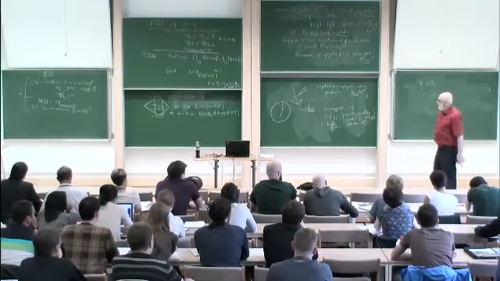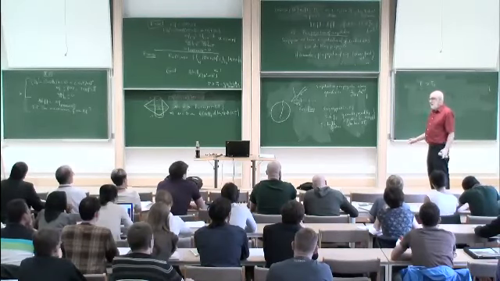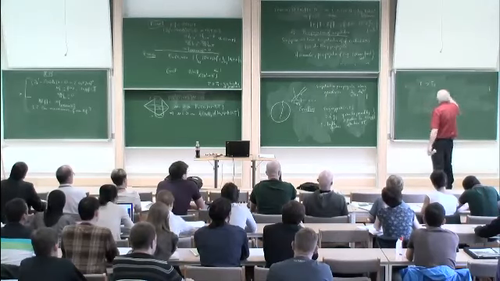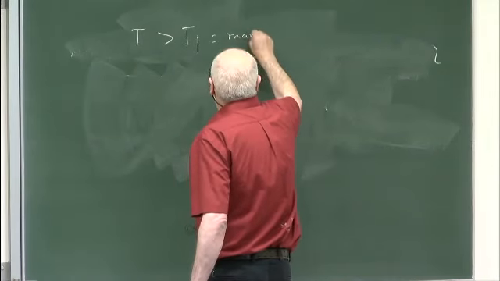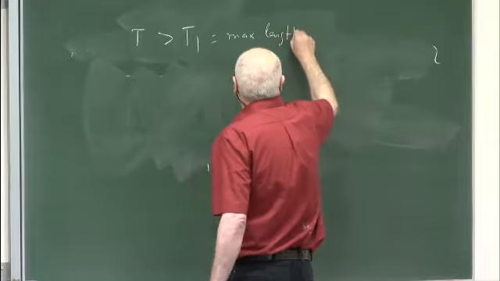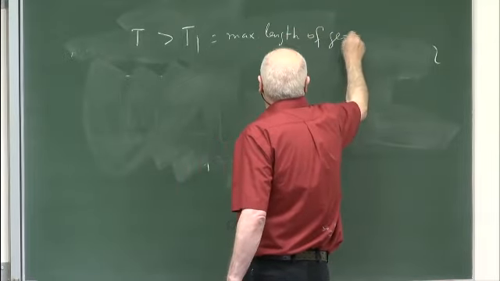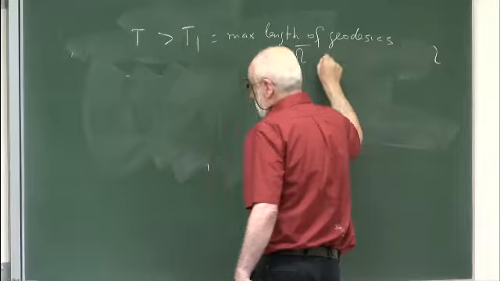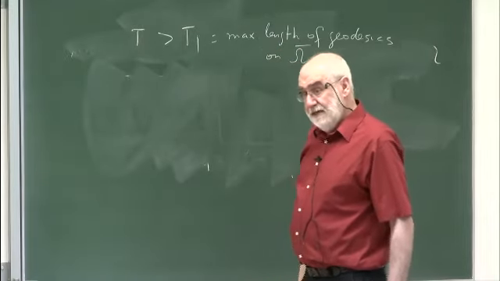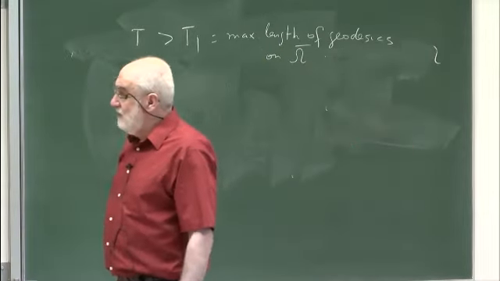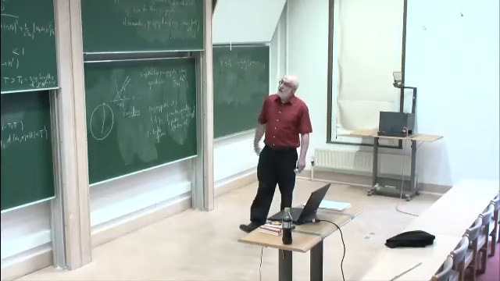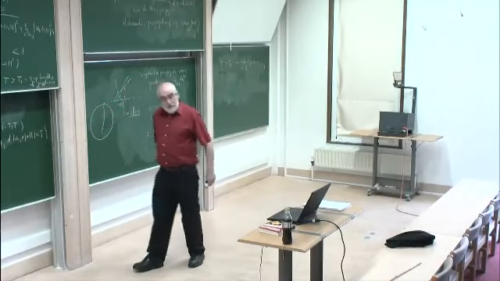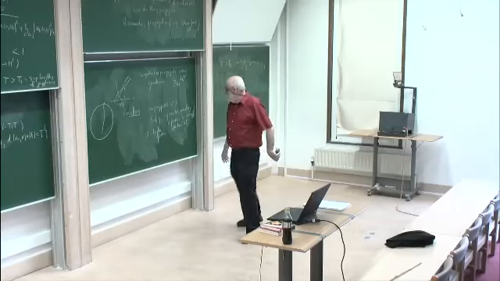What is the relevant time here after the geodesics leave the whole domain? Right? So this is the maximum of the length of geodesics on omega closure. Right? That's the time. There were two times. One is the diameter. We used it already. And this other time is the supremum of the length of geodesics.